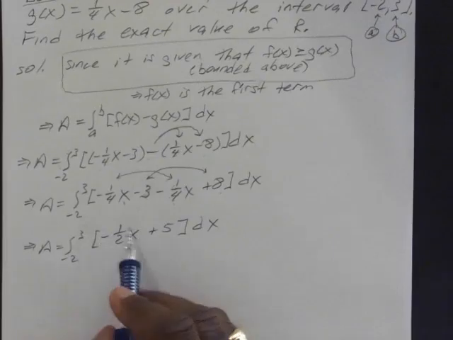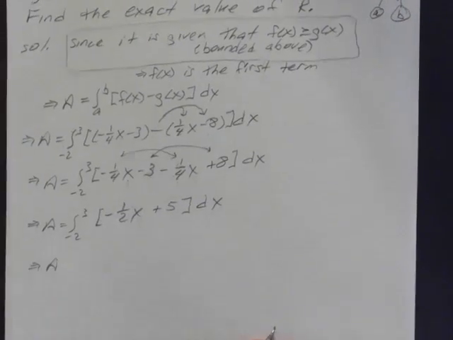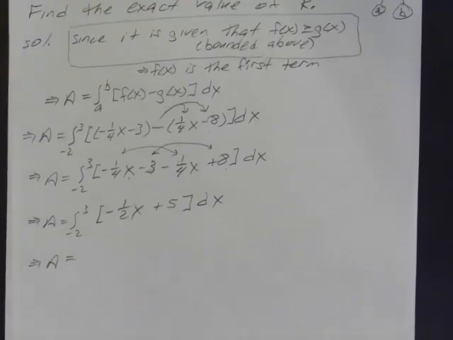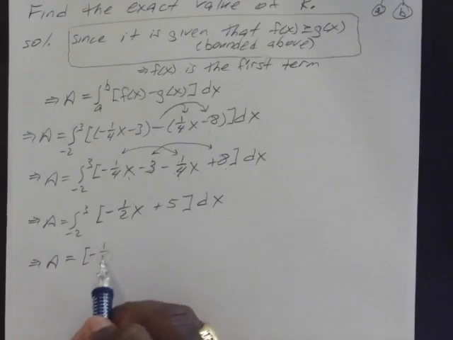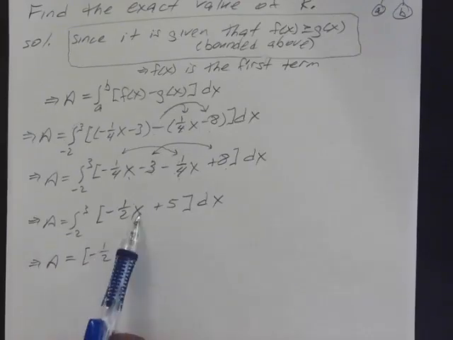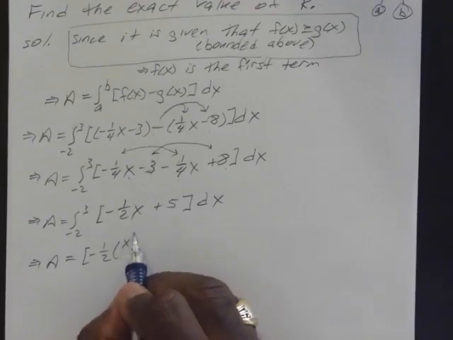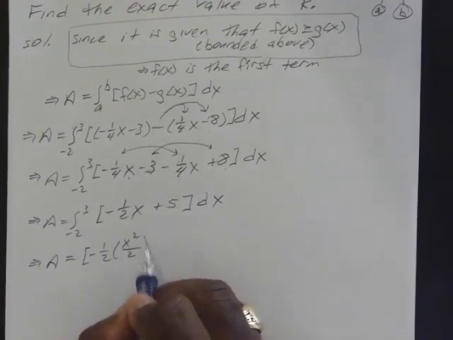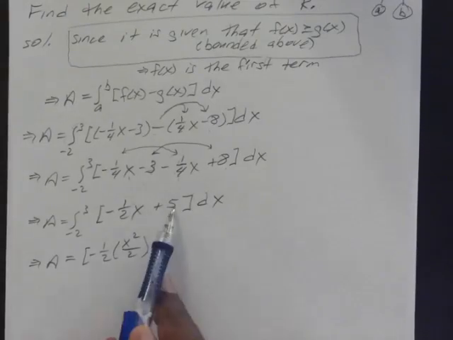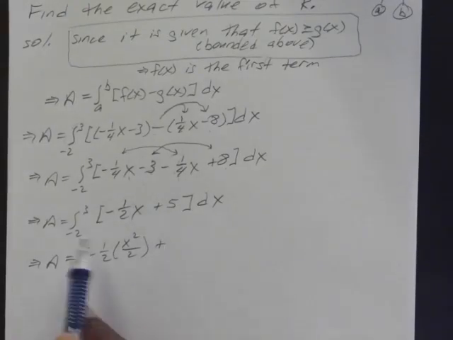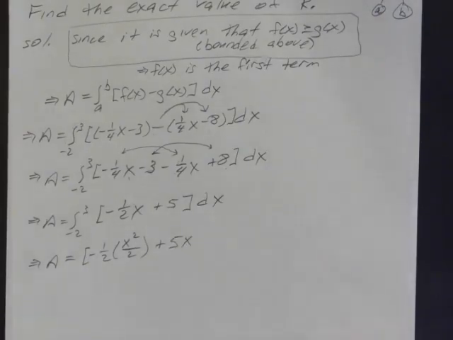All right, so now we just go ahead and integrate both terms. Okay, so we have -1/2 times the integral of x, which is x squared over 2, plus the integral of a constant. It's just a constant times that independent variable, so that just becomes 5x.